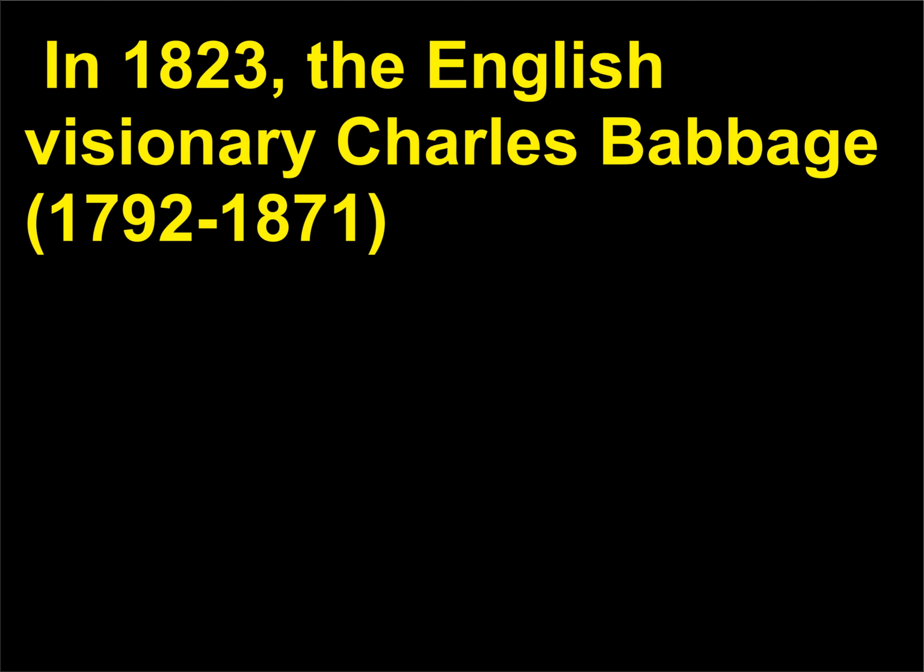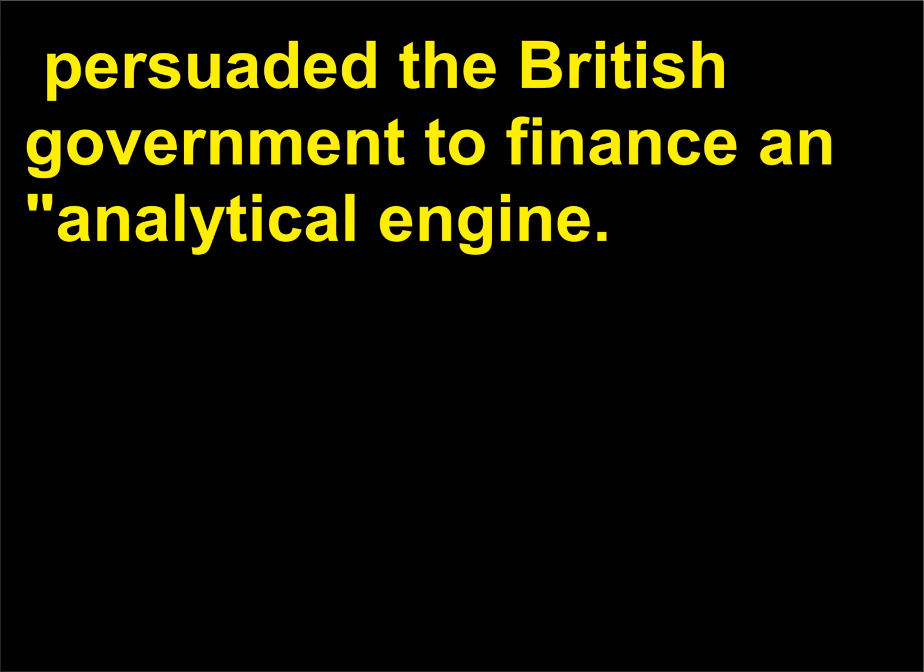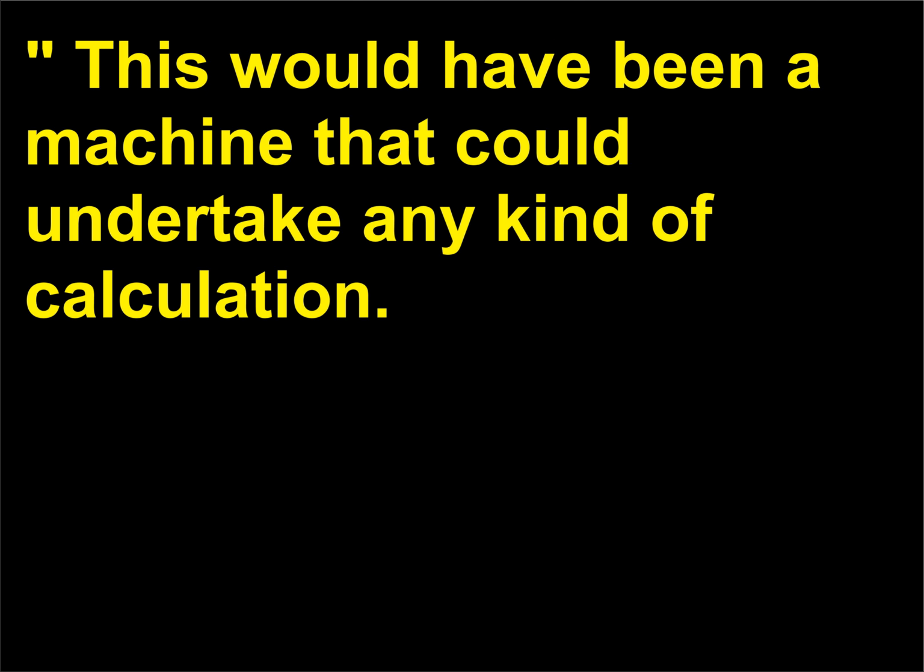In 1823, the English visionary Charles Babbage, 1792–1871, persuaded the British government to finance an analytical engine. This would have been a machine that could undertake any kind of calculation.